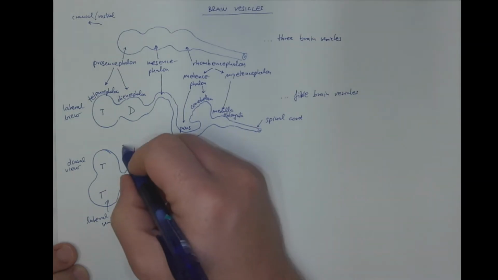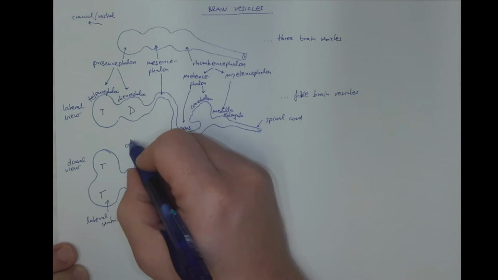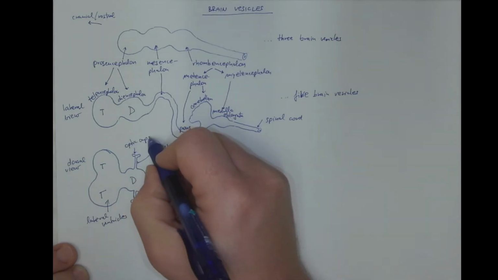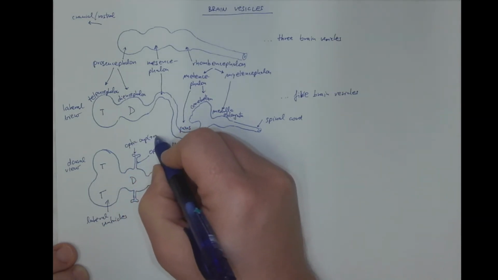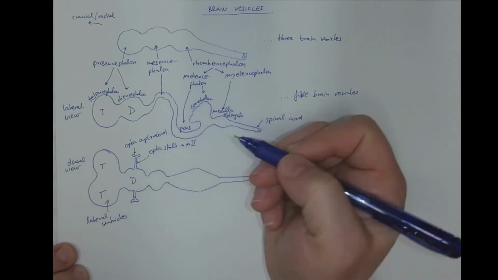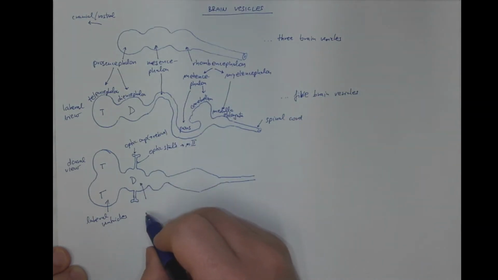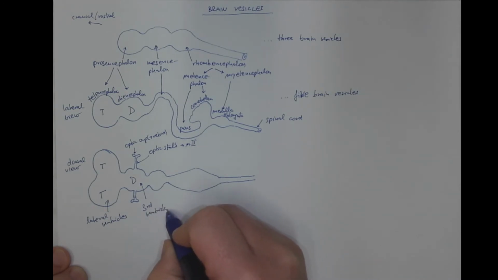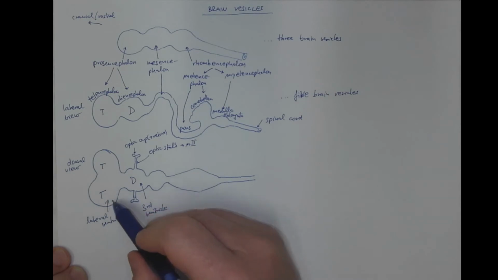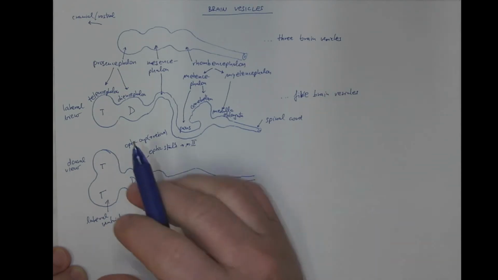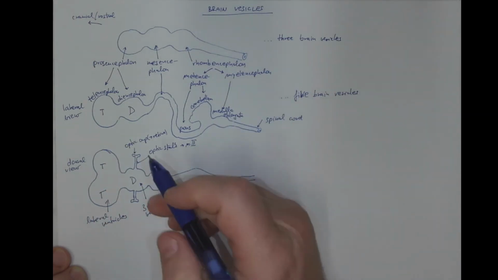At the end there is an optic cup that will become the retina. And we have the third ventricle here, third brain ventricle, because it's a hollow tube, right? Modified, but still a hollow tube.